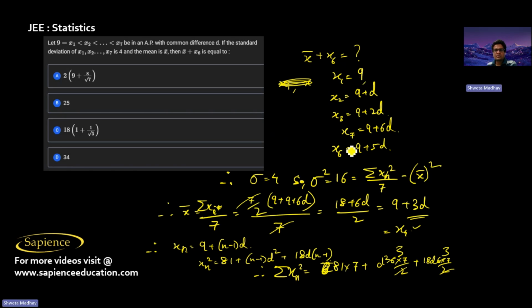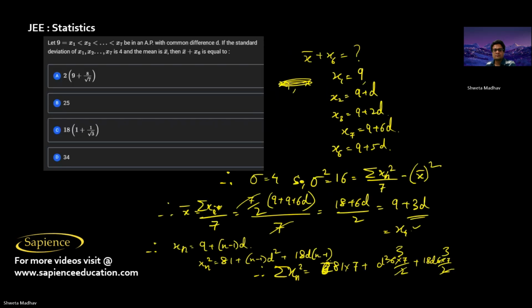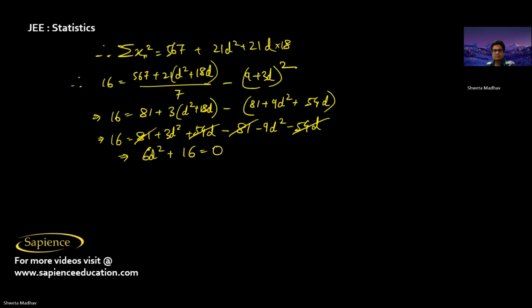N by 2 into a plus L into the 18 to 6. Is 3d square minus this is 9d square.